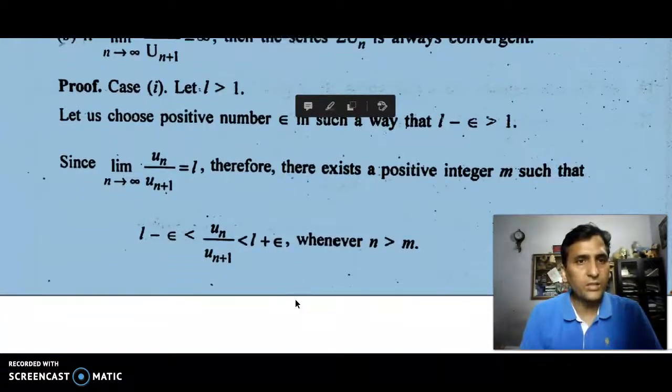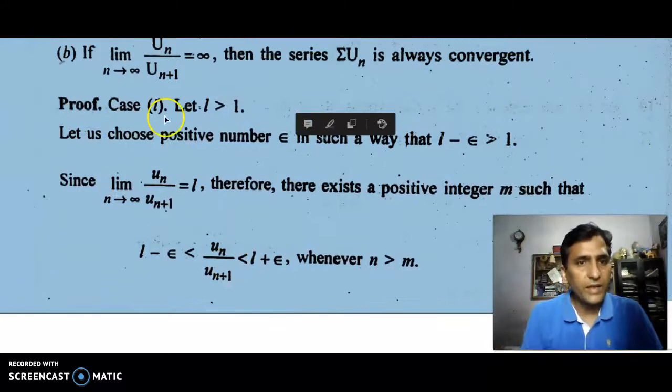Now we start with case 1. When L is greater than 1, I can find some very small epsilon such that even after I subtract this positive number epsilon, L minus epsilon remains greater than 1. Since the limit is given as L, by the definition of limit, there will be some positive integer m such that this inequality is satisfied for all n greater than or equal to m.